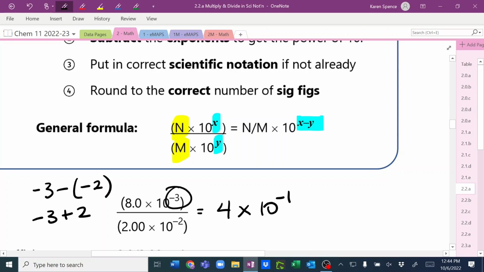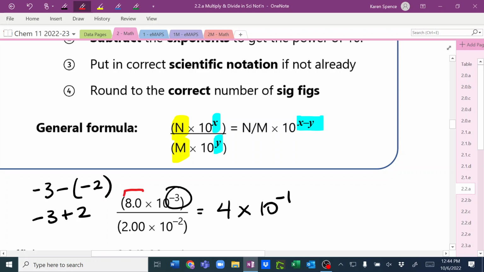Okay? And then I look at that and I'm like, is that in scientific notation? No? It is in scientific notation. We have one digit in front of the decimal, it just isn't there. What's the other thing we have to think about? Significant figures.